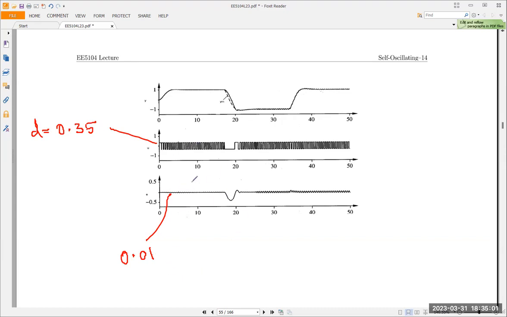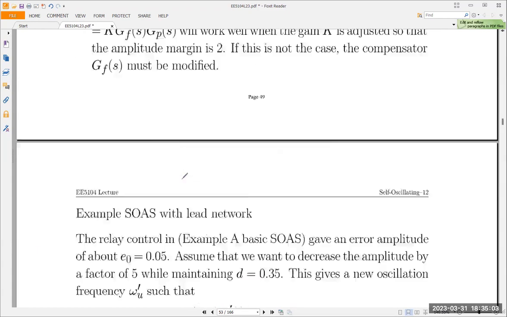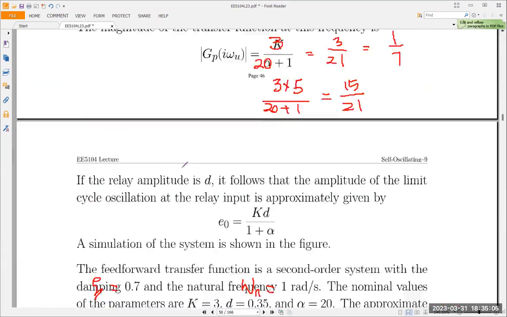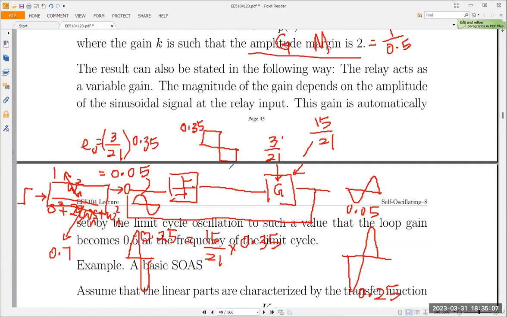So the gain of the plant, you look back at the picture here. If input is 0.35, the output is 0.01. So what is the gain here? The gain here must be equal to 0.01 divided by 0.35. Okay, that must be the gain here.